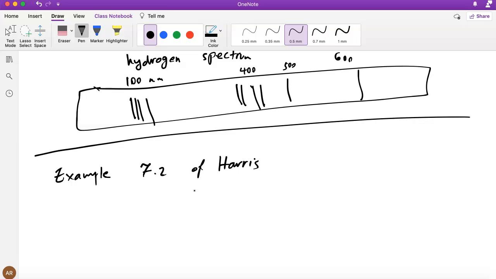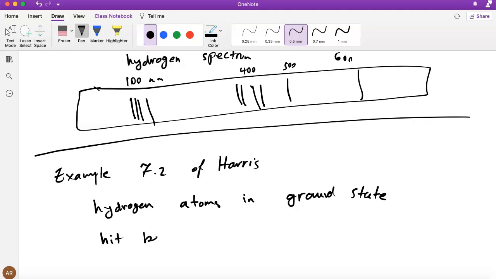Then a beam of electrons accelerated through a potential difference of 12.3 volt is directed at the atoms. So hydrogen atoms in ground state are hit by a beam of electrons.